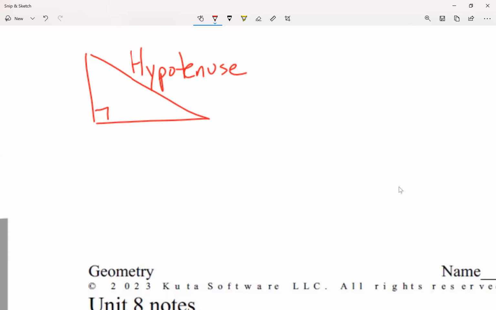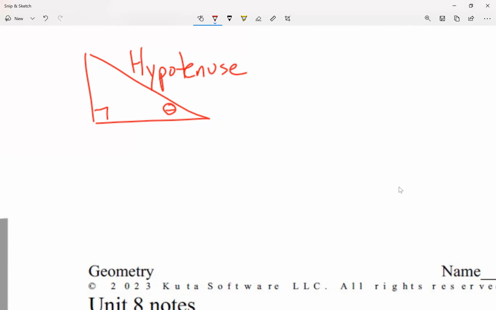So I'm going to mark one of the other angles, one of the corners, not the 90-degree angle. I'm going to use the Greek letter theta, like a zero with a little line, which basically represents measurements of angles. I'm going to put the theta at one of my corners.